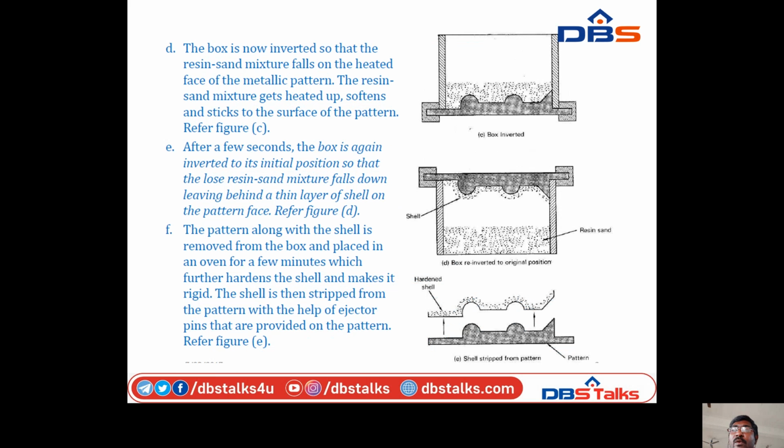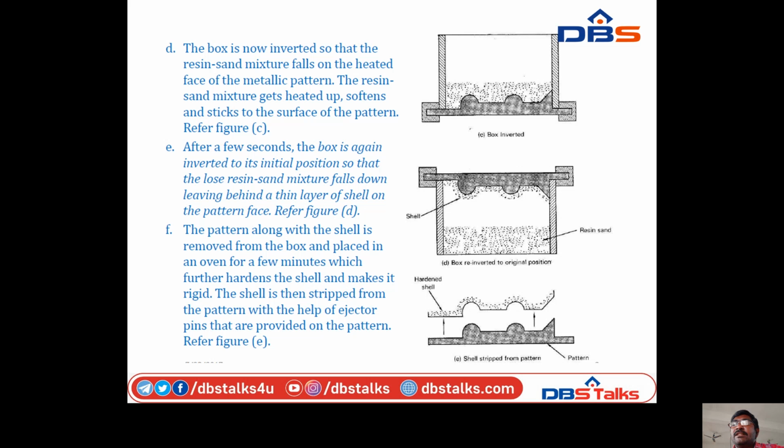The box is now inverted so that the resin sand mixture falls on the heated face of the metallic pattern. The resin sand mixture gets heated up, softened and sticks to the surface of the pattern. Refer to figure C.